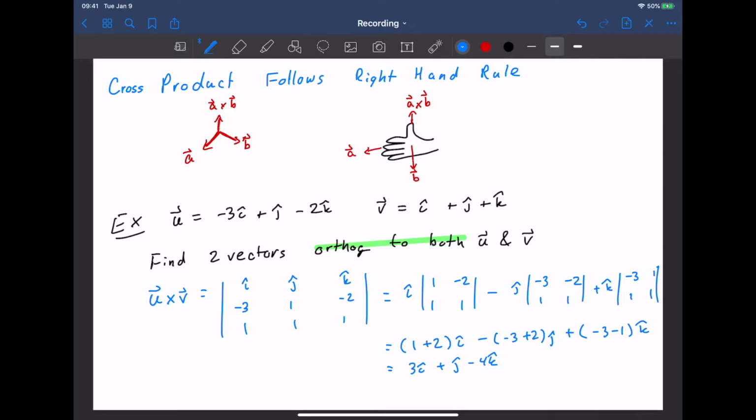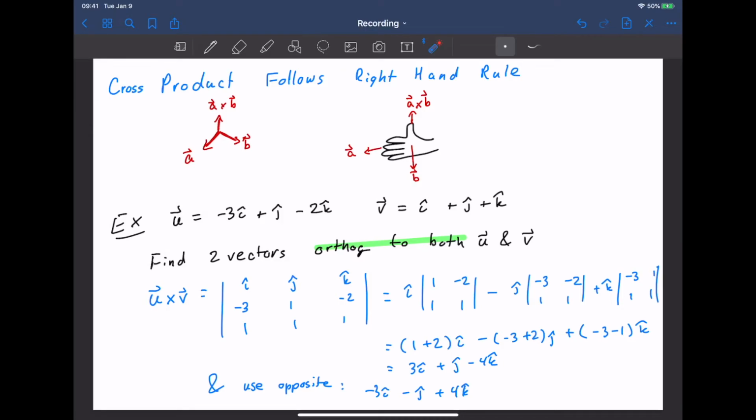That's one vector, and use the opposite: -3i minus j plus 4k. Because these are parallel, you could use any scalar multiple, but this is my 1, 2 vector. One vector that's orthogonal to both u and v, the second vector orthogonal to both u and v.